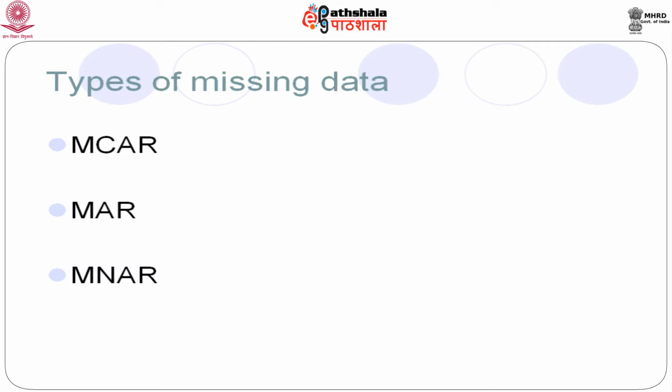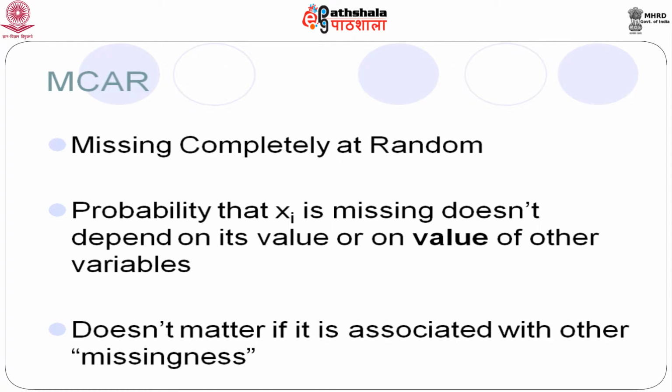So, there are three types of missing data. One is MCAR, one is MAR, and the last one is MNAR. What is MCAR? It is missing completely at random. That means the probability that the observation is missing does not depend on the value or on the values of other variables. It does not matter if it is associated with other missingness too.